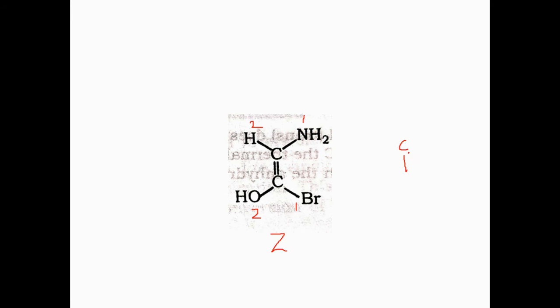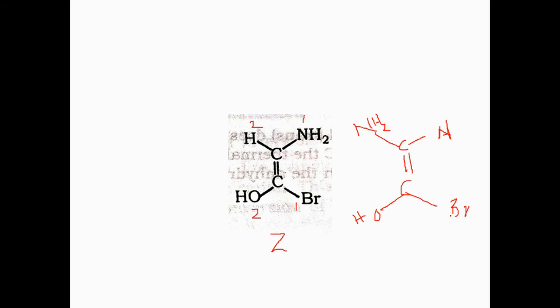Then we get its opposite configuration by changing the position of one group. We change the position of the NH2 from here to here. So here we place hydrogen and on this side NH2. Here are bromine and the hydroxyl group.